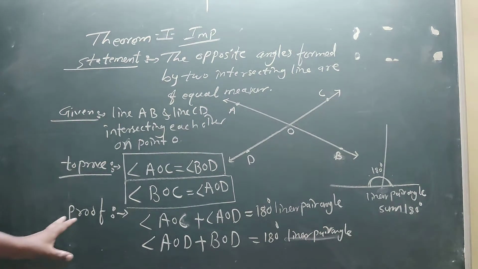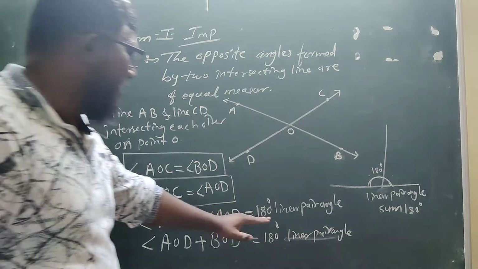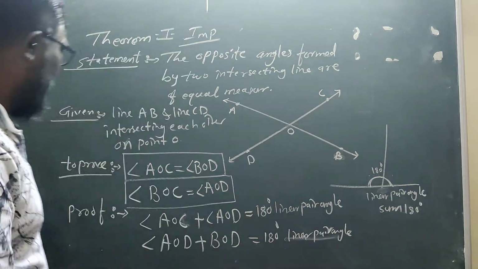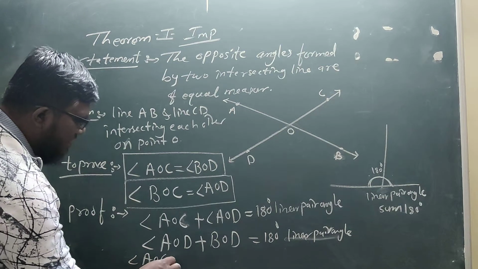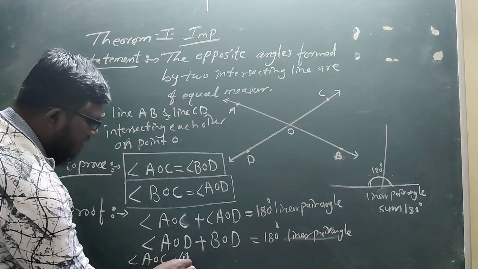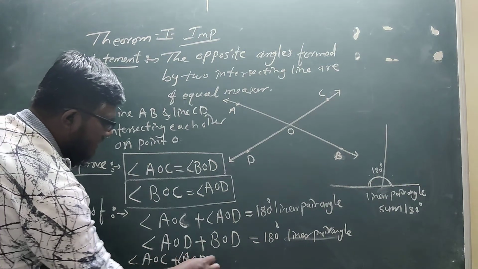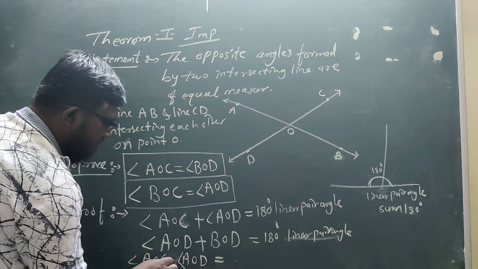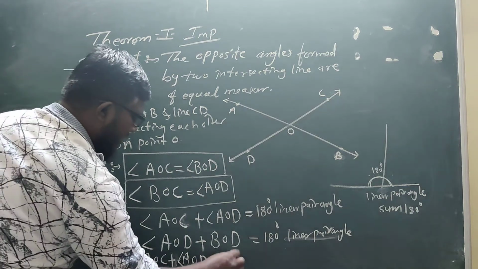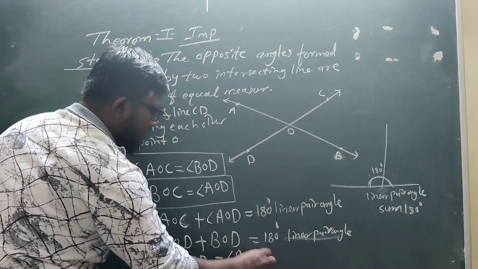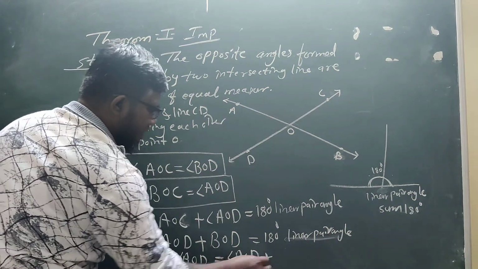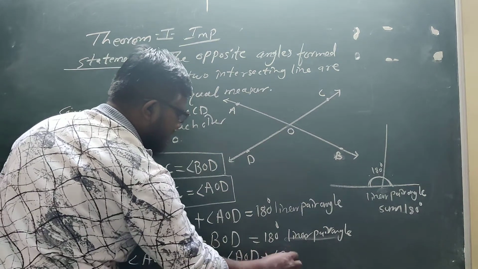Now we have to move ahead to prove this. We will equate these two things. It is 180 degrees and it is also 180 degrees. So we write angle AOC plus angle AOD is equal to angle AOD plus angle BOD.